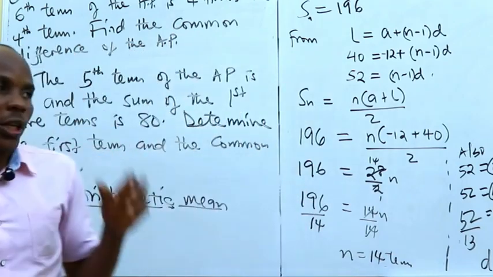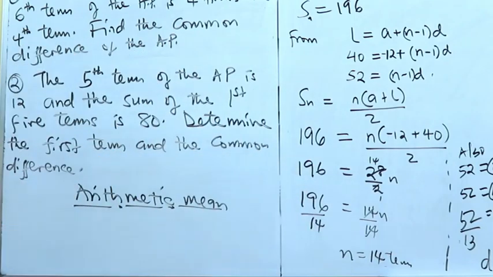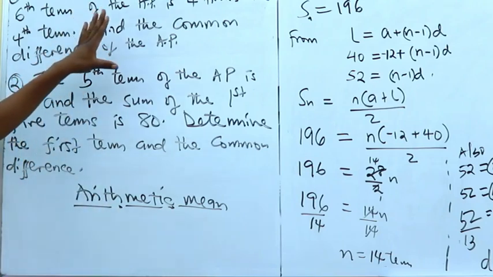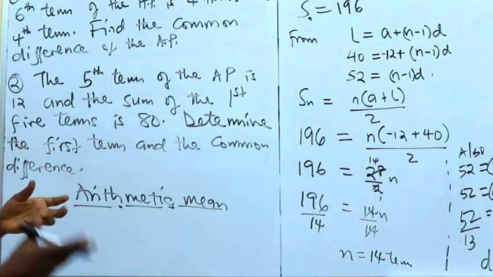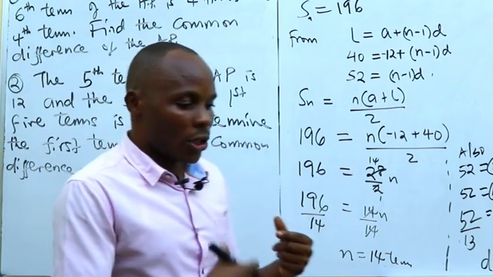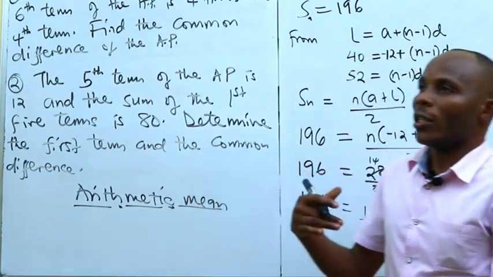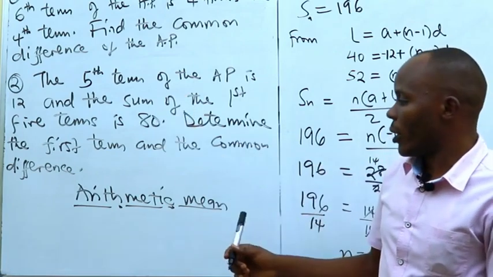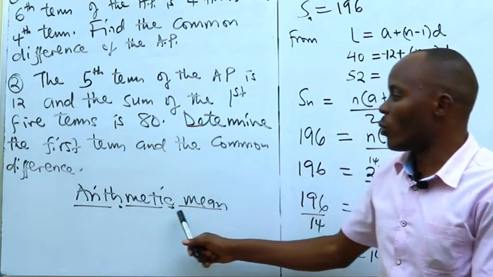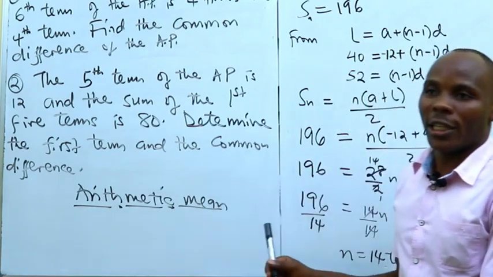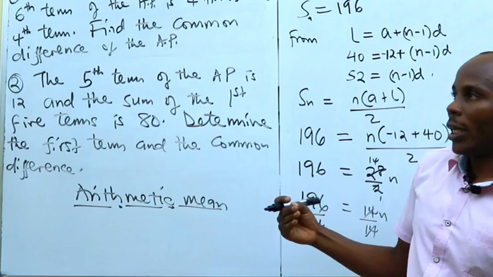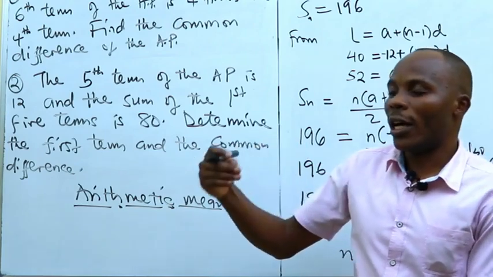As you hear the word arithmetic mean, it has something to do with arithmetic progressions, but we need to look at the average of the first three consecutive terms following an arithmetic progression. We need to find their mean. For three consecutive terms of an AP, can we get their mean?